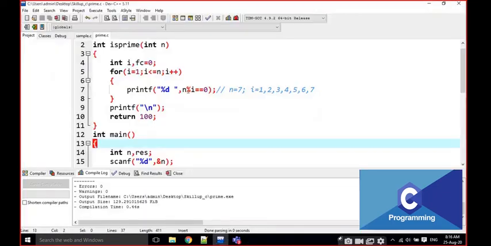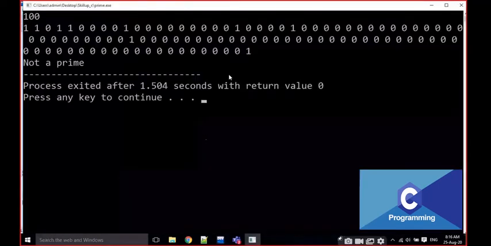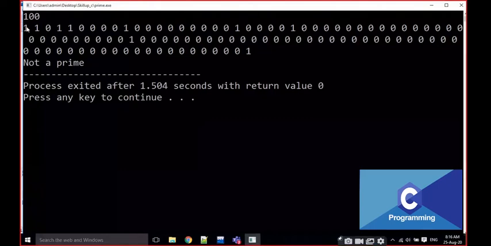Why? Because here I am checking whether n is exactly divisible by i or not. Yes, it is exactly divisible, so it returns 1 here. For example, 100 prints 1, 2, 3, 4, 5, 6, 7, 8, 9 ones. I think I forgot to count one zero in the last example.